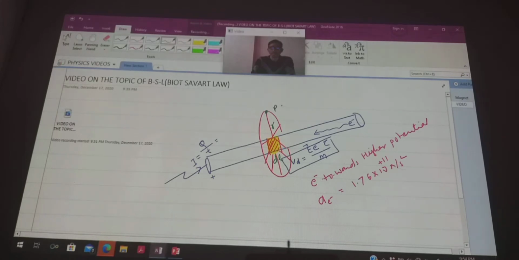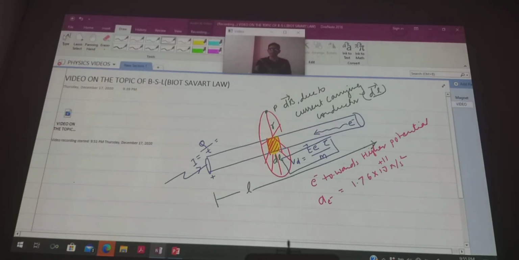Here the magnetic field is produced, that is dB. dB is the magnetic field produced due to the current carrying conductor element dl. This is the elementary vector length of the total length L. Whenever the current is passing through this conductor, it produces a magnetic field according to Biot-Savart law.